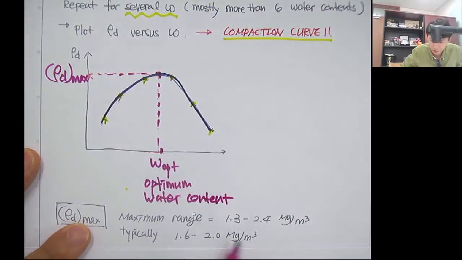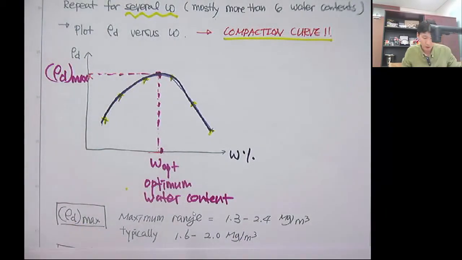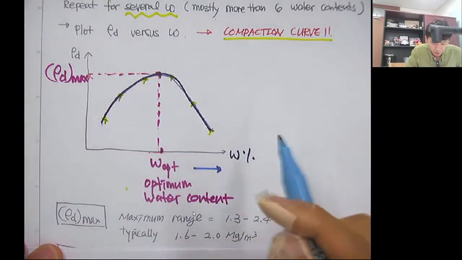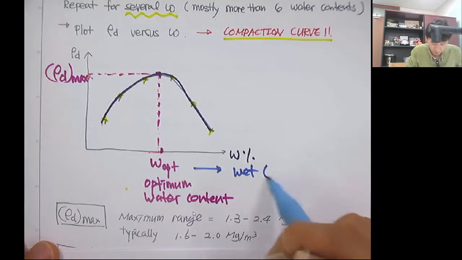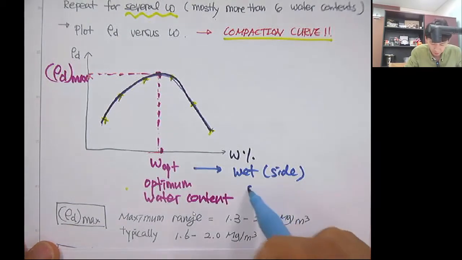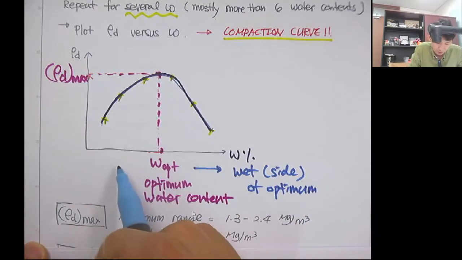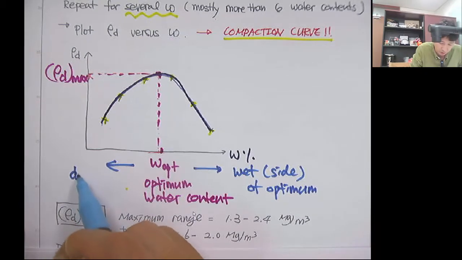The x-axis here is the water content. And this side of the water content is called the wet side of optimum. The water content less than the optimum water content is called the dry side.